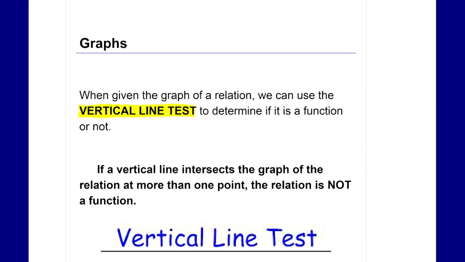A vertical line. If a vertical line intersects the graph of the relation at more than one point, the relation is not a function. So if we take a vertical line, run it along our graph, and we see it cross the relation at more than one point, it is not a function, because essentially that means at that specific x value, there is more than one y value.